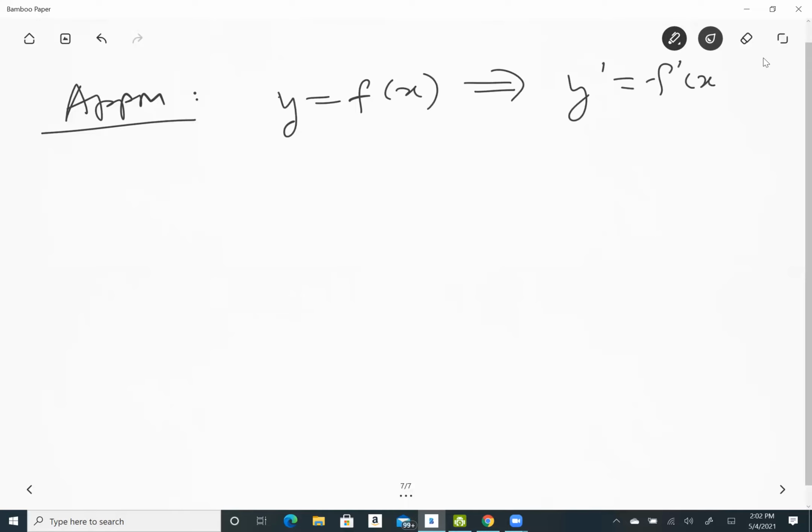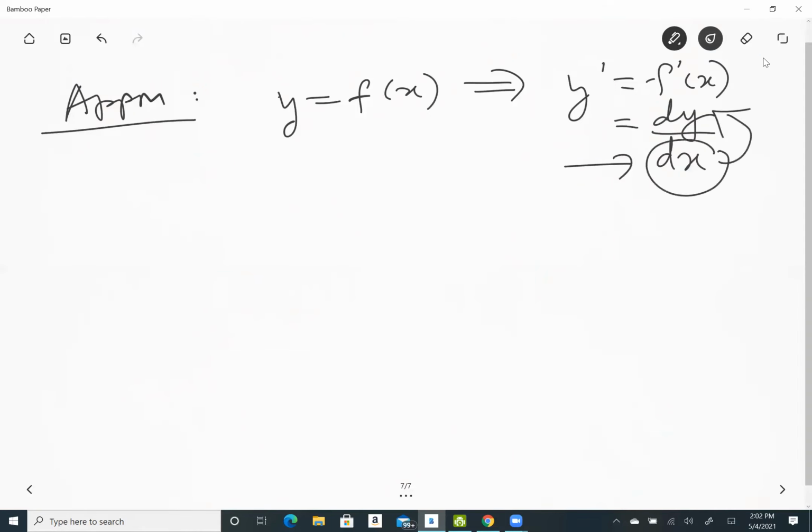Okay. Now application. How we apply the derivative. So we look at the function y equal to f of x. The derivative is y prime equal to f prime of x. Now, when you do the derivative, we look at the notation dy dx. Because here you will see a small change in x, all right?